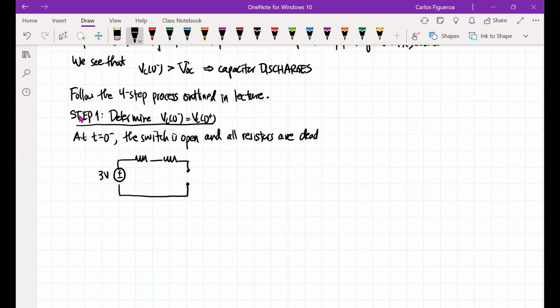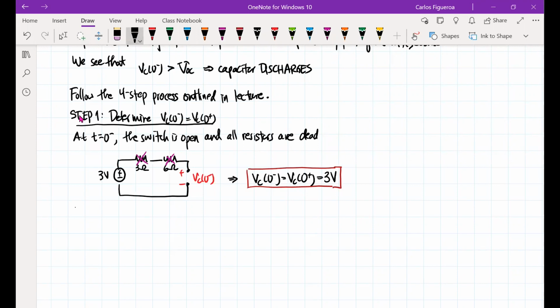With the switch open, there is no 6 ohm. So here I have a 3 ohm, here I have a 6 ohm, and then this guy right here is VC of 0 minus. Because these are dead resistors, the voltage of the cap has to be the same as the voltage of the source. So I have VC of 0 minus, but I'm only interested in 0 plus, and we know that is 3 volts right there. So now I have the initial voltage.